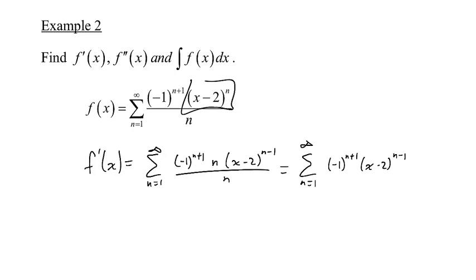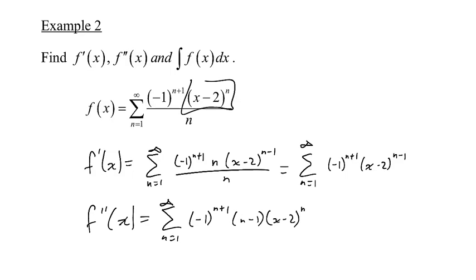All right, and then it asks for double prime, so I'm going to do the derivative of that. So I get to do it again. N equals 1 to infinity. So I'll bring down the n minus 1 now. Times x minus 2 to the n minus 2.